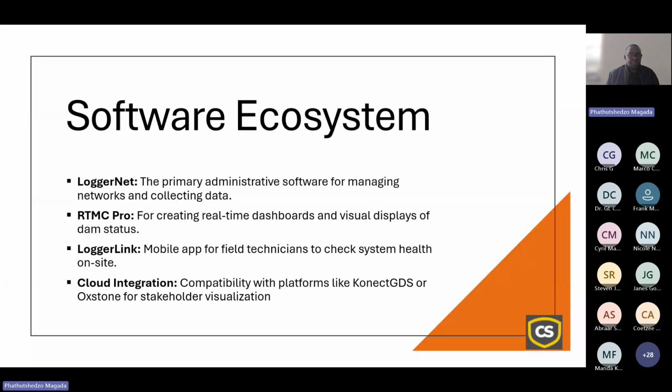We have LogaLink. This is mostly used by technicians. It's used on the cell phone mobile app to check the health of the data system on site. And we have cloud integration compatibility.